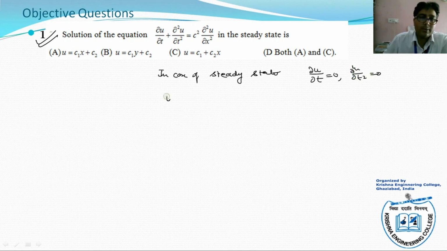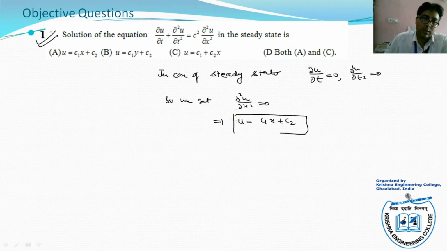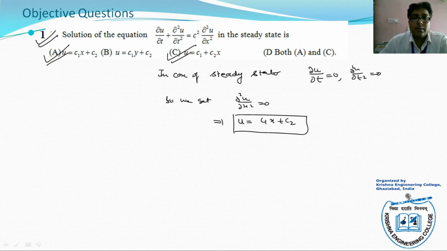So we get del square u over del x square is 0, integrate 2 times, we get u is equal to c1x plus c2. Clear? So option c1x plus c2 or c1 plus c2x, both option A and option C are correct. So option D is correct. Clear? Both option A and C.